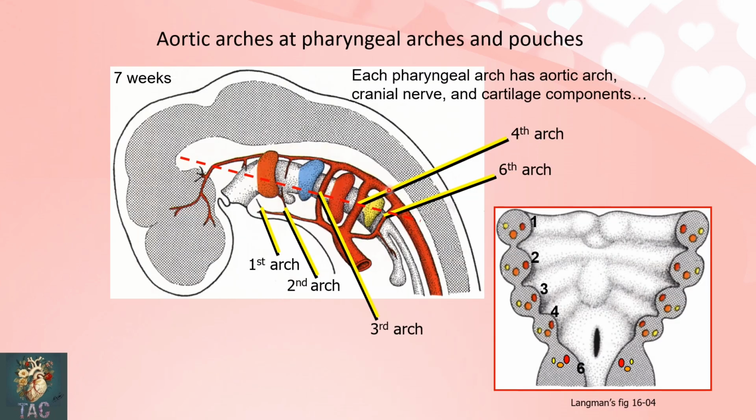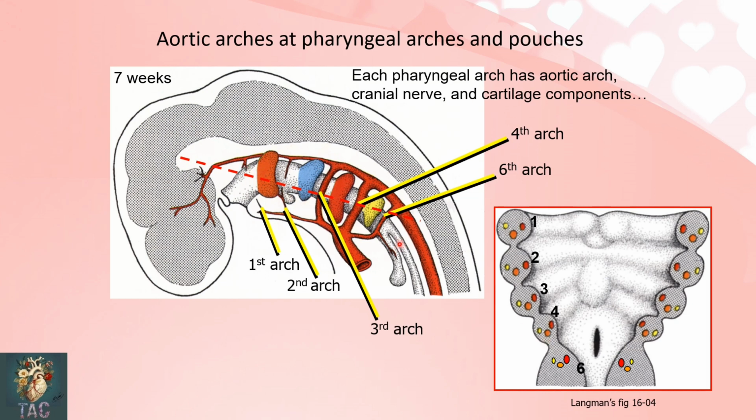So now we move on to the aortic arches, which is the major system forming all of the main vessels in the cranial area of the heart. Before understanding the aortic arches, first have a look at this diagram. As the aortic arches are forming, at the same time pharyngeal arches and pouches are forming.